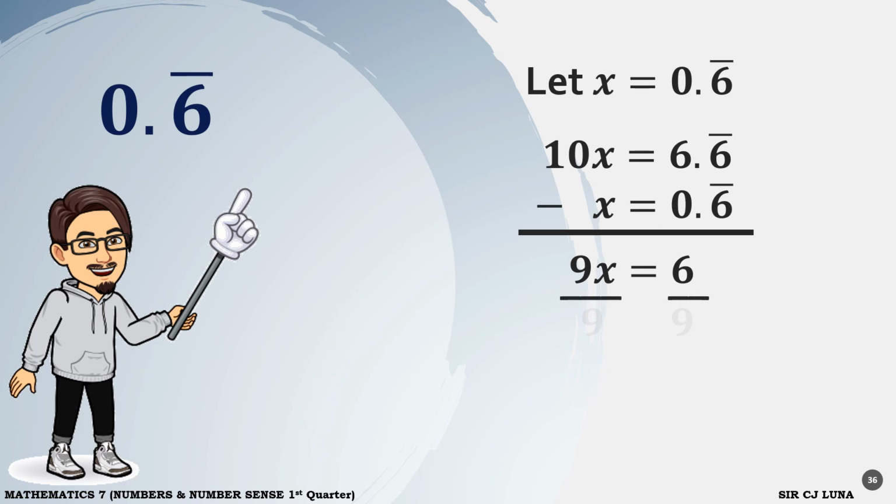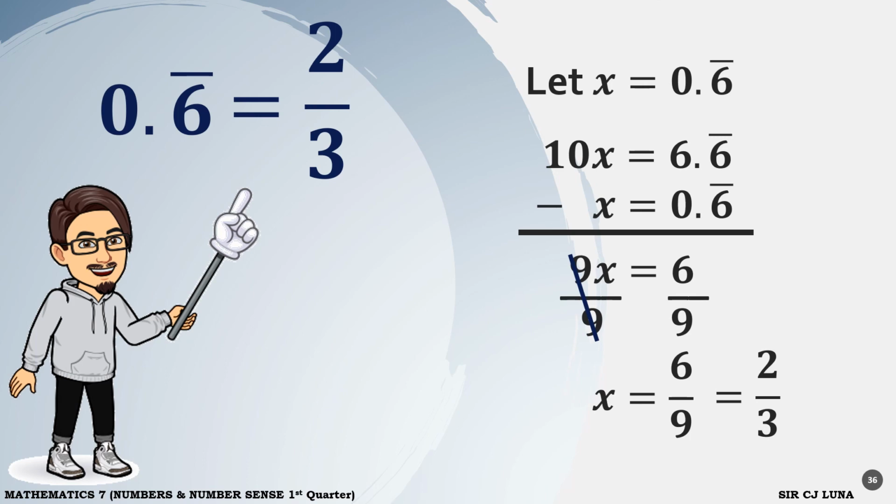Magdi-divide tayo both sides by 9. Para yung ating 9 dun sa left side ay makancel. So we now have x equals 6/9. Pero ito ay pwede pang i-simplify. Okay? We will divide this by 3. So we have 2/3. That means 0.6 is equal to 2/3.